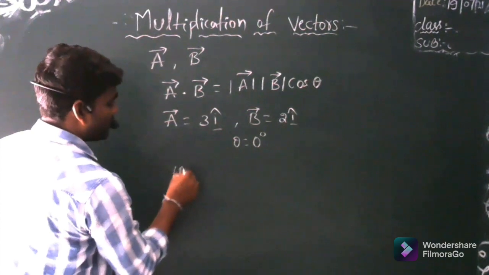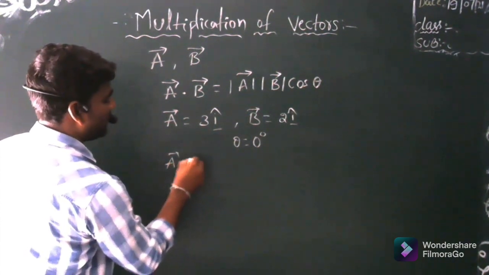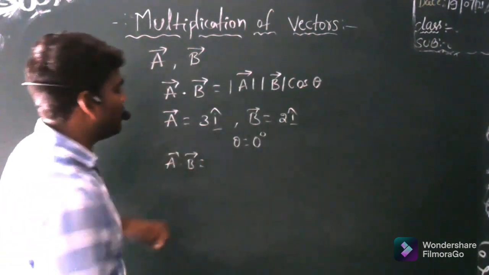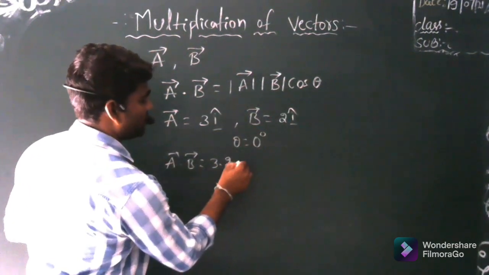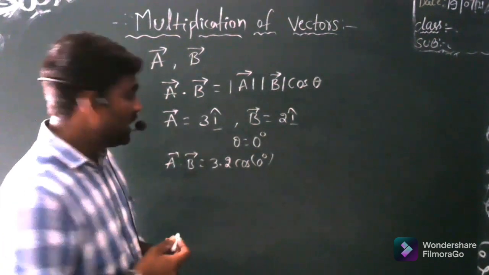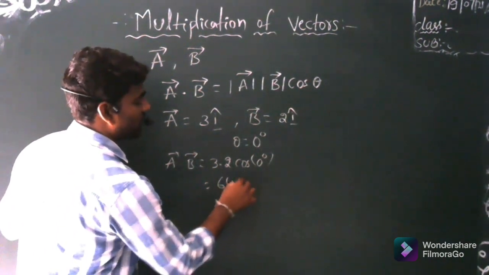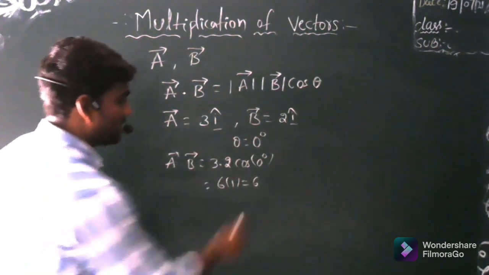So the dot product of A and B: magnitude of A is 3 only, into magnitude of B, which is 2, into cos theta. Theta is 0 degrees, so 3 into 2 is 6, and cos 0 is 1. So the dot product of the given two vectors is 6 units.